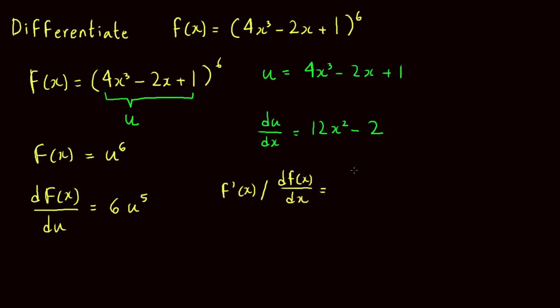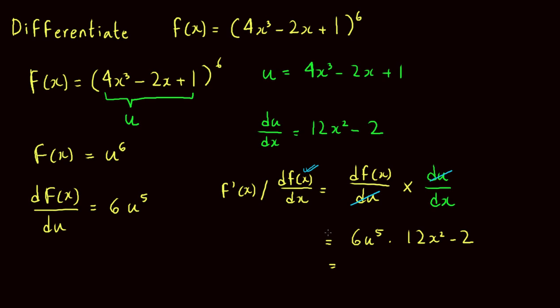So it's just df/du multiplied with du/dx. As we can see, we tend to cancel the du terms together. That's how we end up getting df/dx, normally if we're dealing with fractions, but the same thing also applies here. So we'll substitute to become 6u to the power of 5 times 12x squared minus 2.